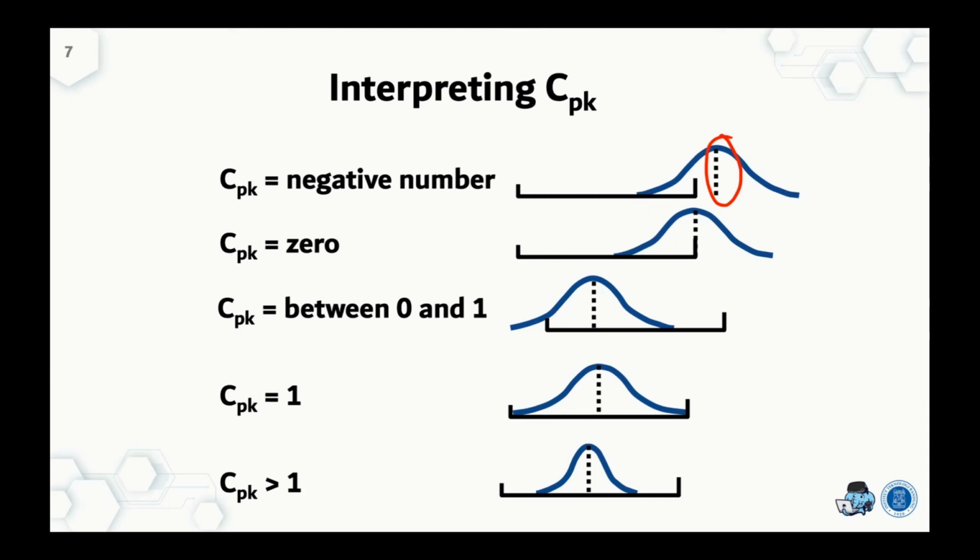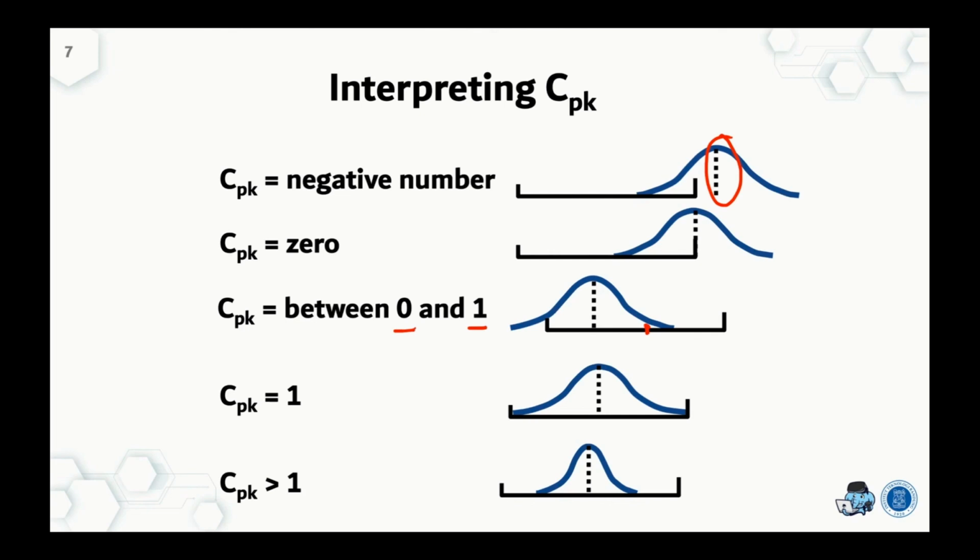If Cpk is 0, the center of the process is at either the lower or upper specification limit. If the Cpk is between 0 and 1, the center of the process is between the center of the specification and the upper or lower specification limit.